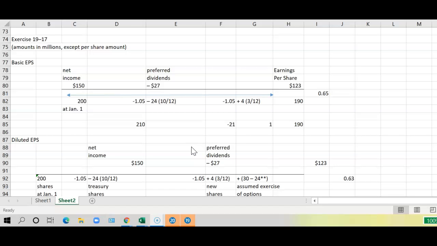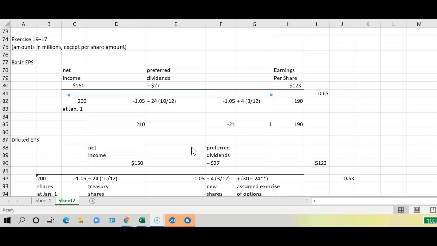For example, stock options could be exercised. They may not be exercised in any year, but we will include them as potential shares outstanding and treat that as if it happened in the beginning of the year, unless we know it happened at a specific date within the year.